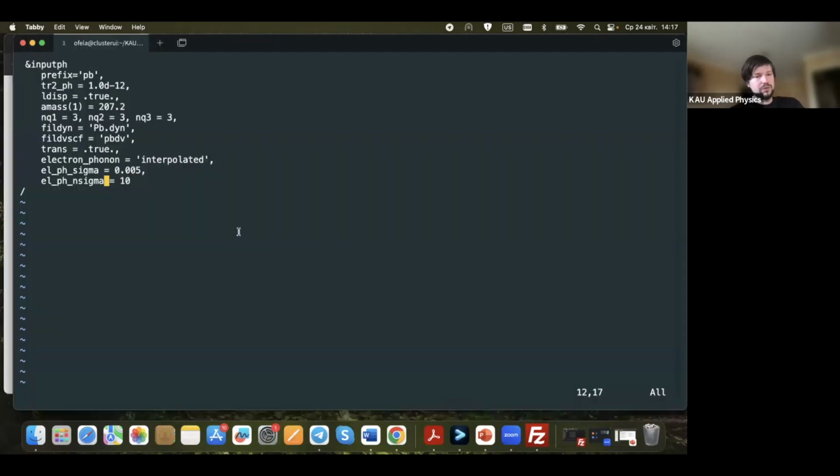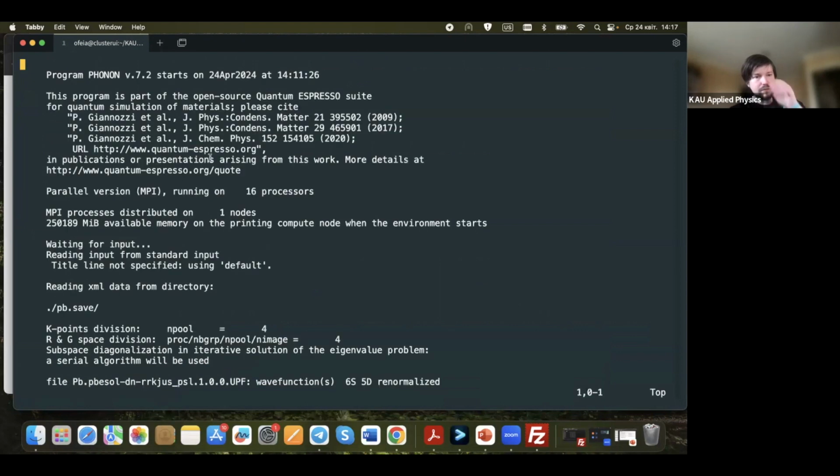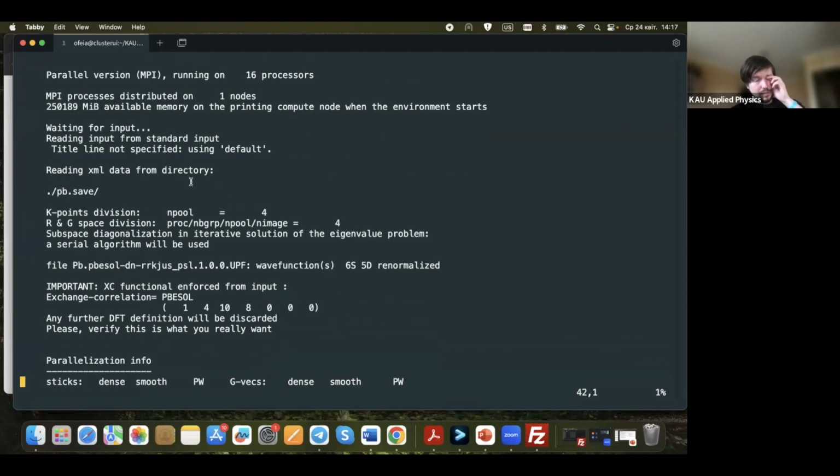Okay, what about the output? B11 out. So we have this file.